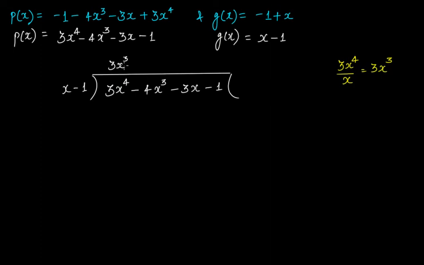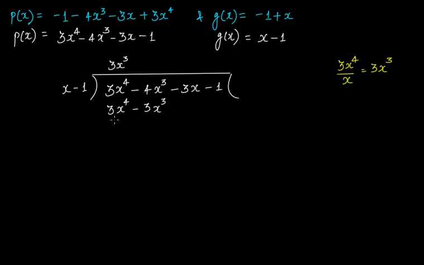Now this 3x cubed will be the first term of the quotient, right? So 3x cubed multiplied by x will be 3x raised to the power of 4, and then 3x cubed multiplied by minus 1 means minus 3x cubed.